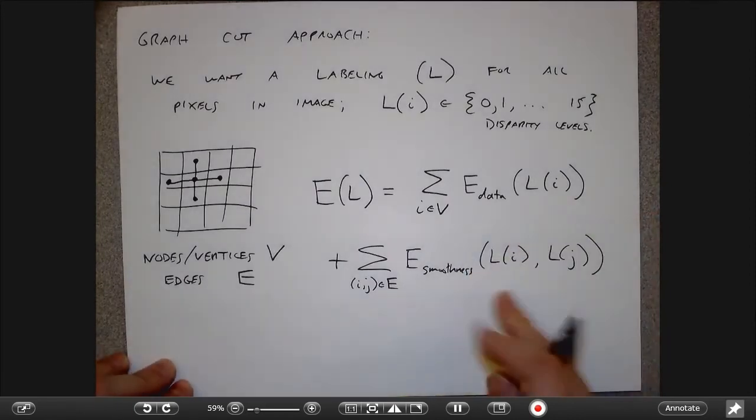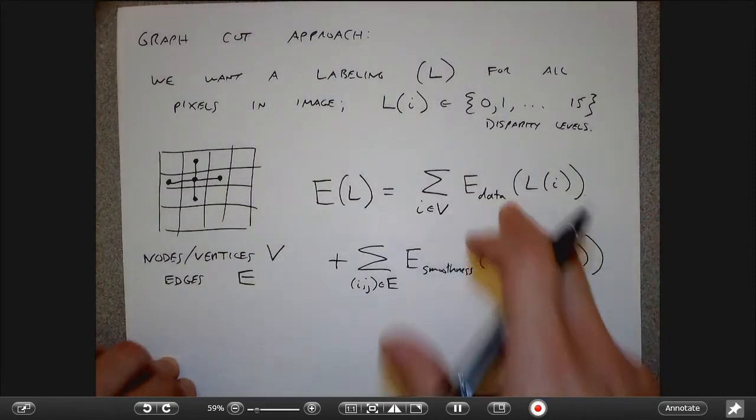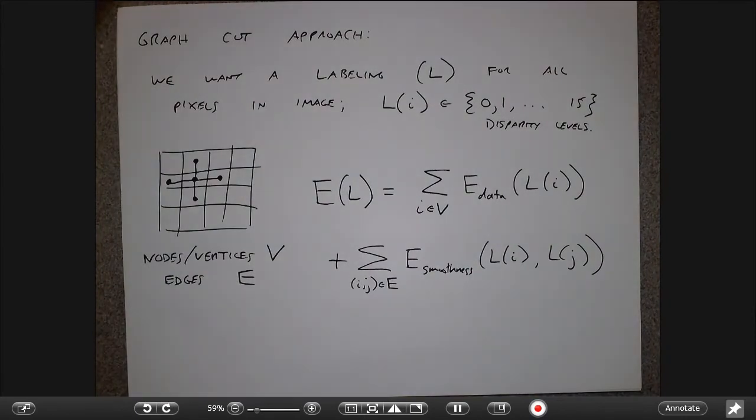So what do these terms look like? The data term basically comes from the stuff I talked about under the heading of basic stereo algorithms, right?